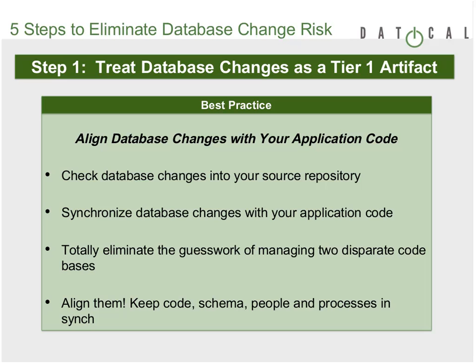Once we have the database changes and the code aligned, whatever pops out of the build system for application version 1.7 is the same for the database as it is for the application code. This allows us to leverage all the things that we're doing with our code repository to benefit what we're doing with the database. And it really eliminates a lot of guesswork in identifying which change goes where.